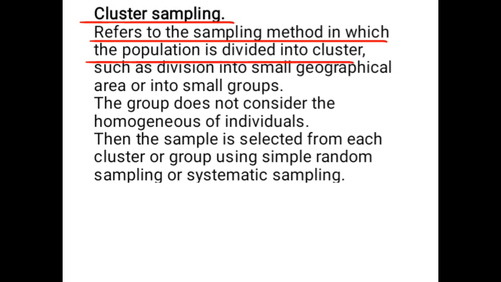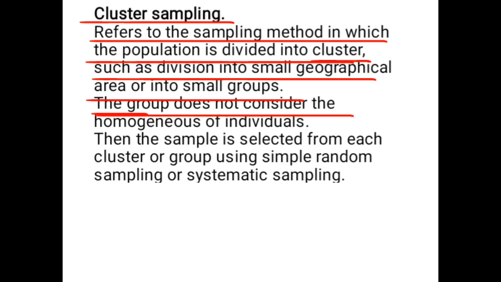You also divide the population into clusters or groups, such as division into small geographical areas or small groups. But the only difference between cluster and stratified sampling is the group. Under cluster sampling, the group does not consider the homogeneity of individuals.